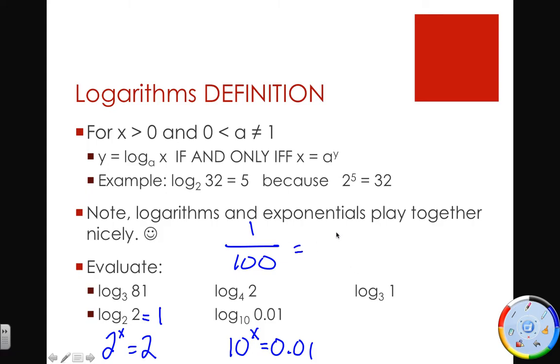Well, 1 over 100 could be written as 1 over 10 squared. Well, I know how to get rid of this fraction, too. This fraction tells me I can just make this a negative exponent. So 0.01 is actually 10 to the negative 2. And you'll notice if the bases are the same, the exponents obviously have to be the same. So this is negative 2.